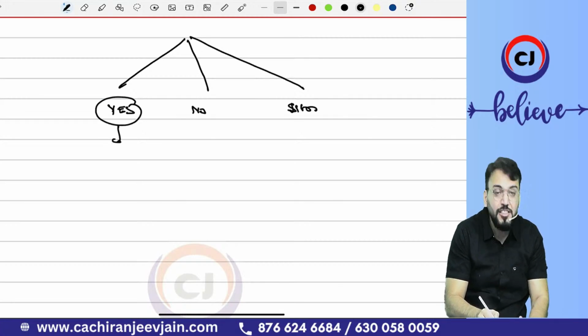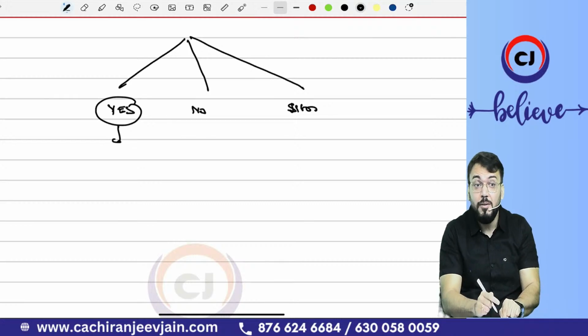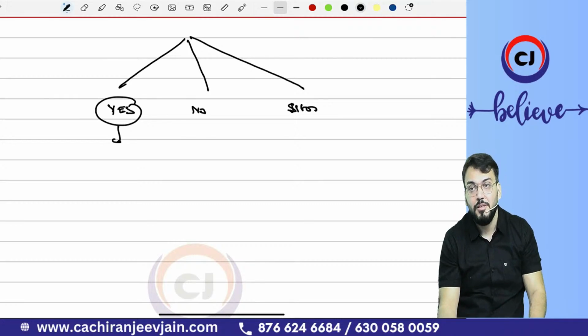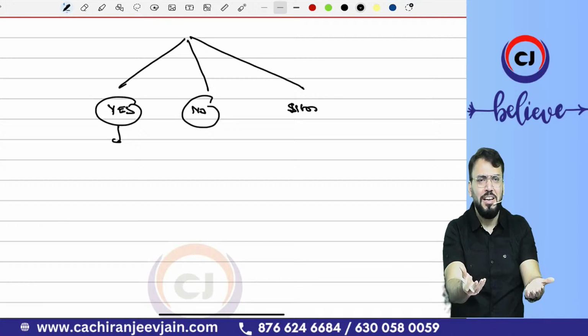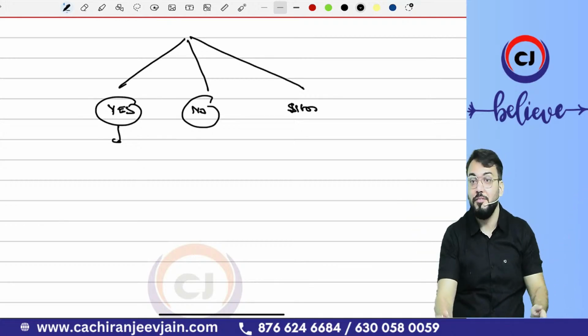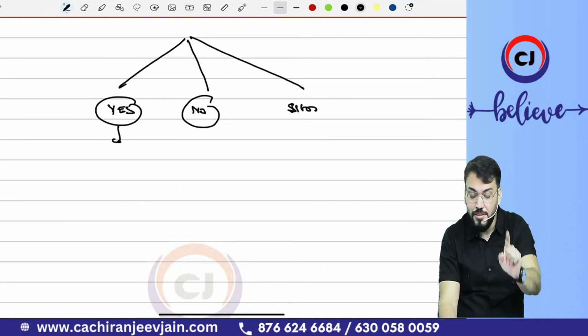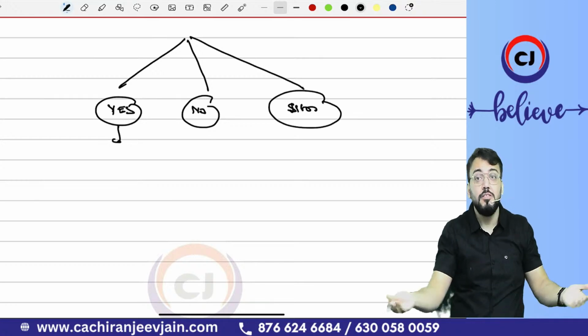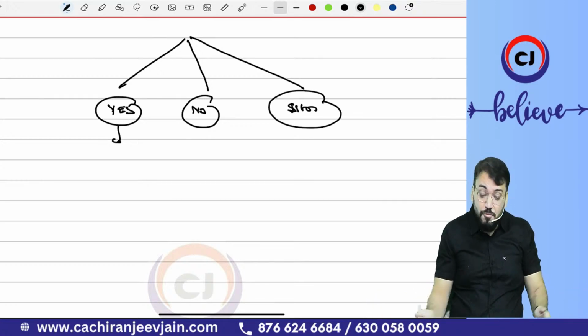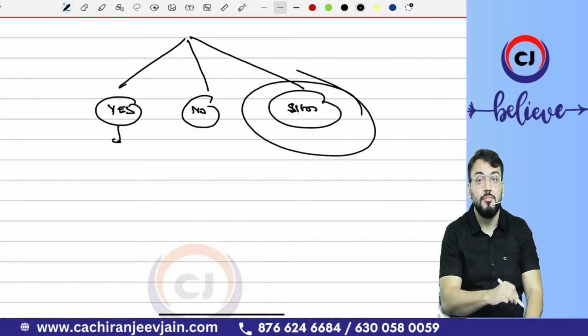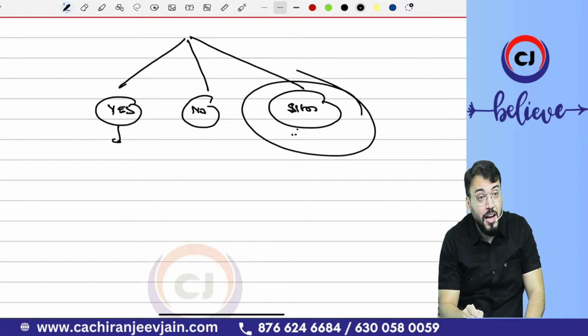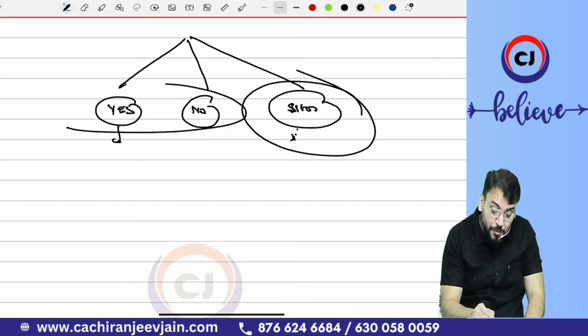Yes means a wrong answer, and this person will realize the mistake and try to improve. No, they will say, okay, I am the best, I can do anything. This is also positive thinking. But the silent person, I am worried about this person. These two will become CA.